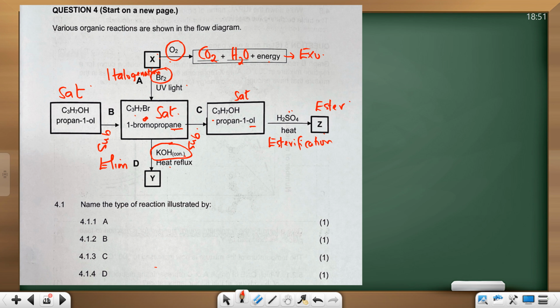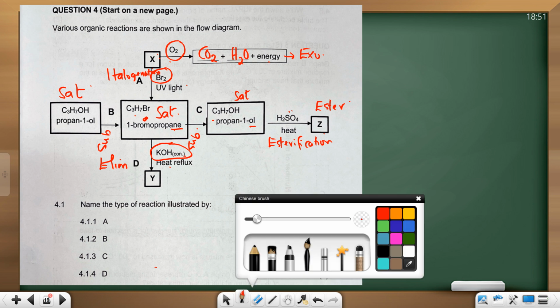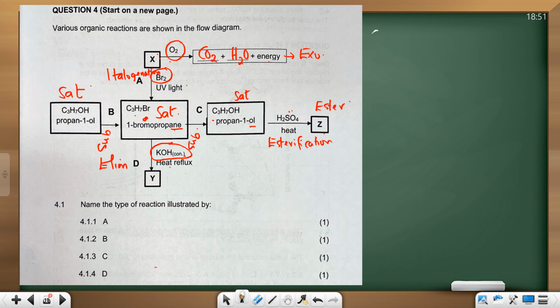C3H7Br. Reaction C. We are moving from B to C. Or let me try to do it here. Check. C3. Look, when it comes to this, you can play games. C3H7OH. You are moving from here to here. What do you notice?